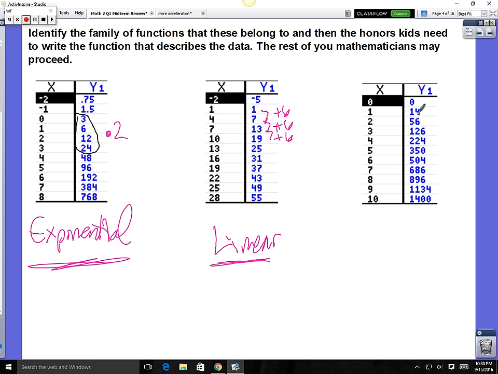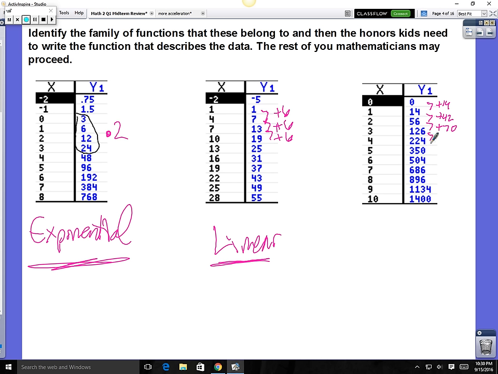Okay, probably need a calculator. 0 to 14, that went up 14. 14 to 56, 56 take away 14, that went up 42. 56 to 126, 126 minus 56, that went up 70.